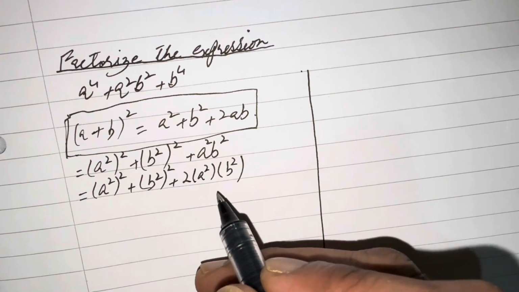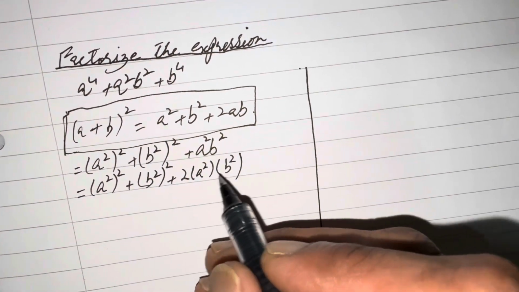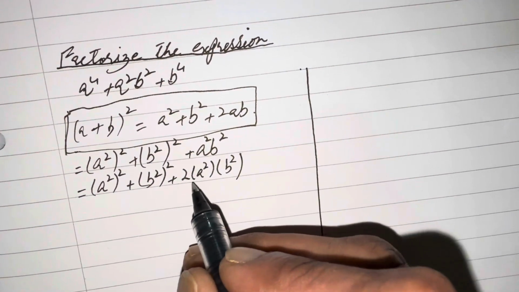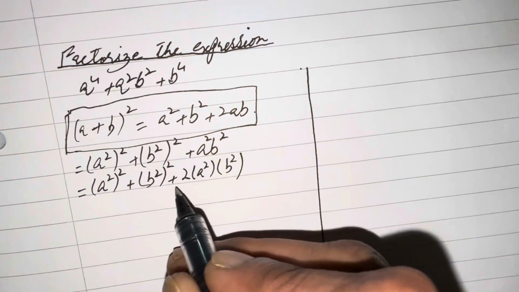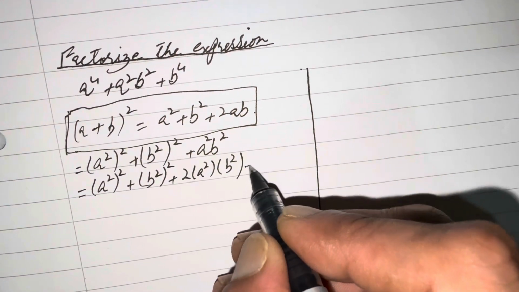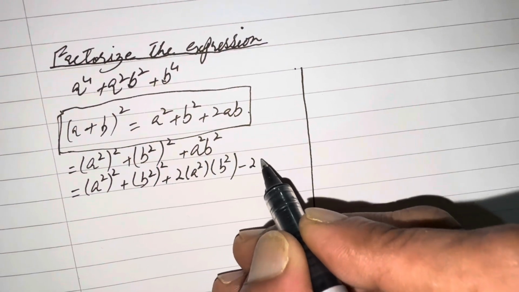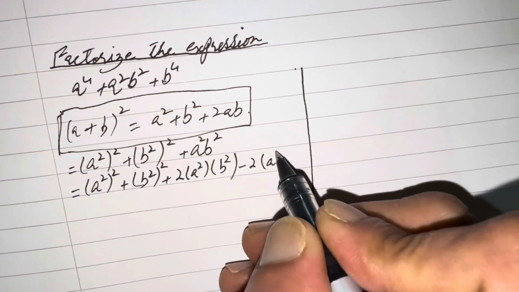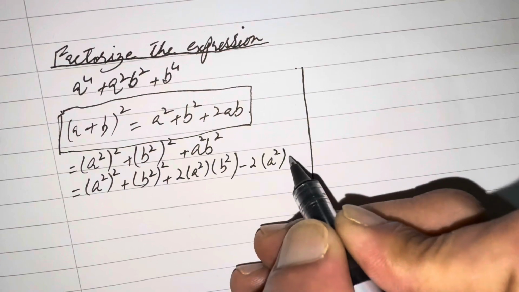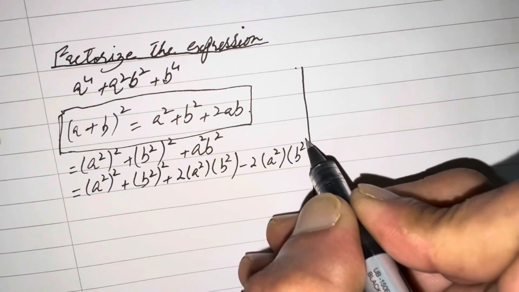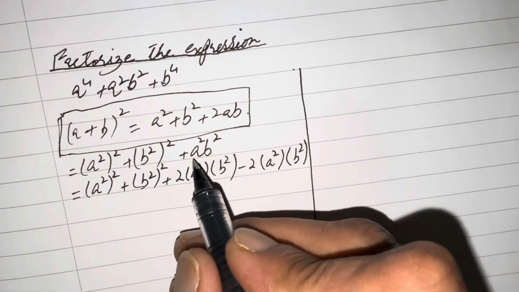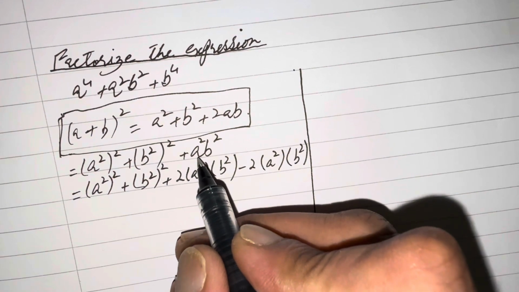So that's the thing we have added from ourselves. So this thing we will subtract from this expression, 2 into first into second, and this term will be written as it is.